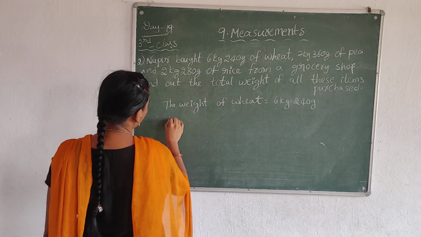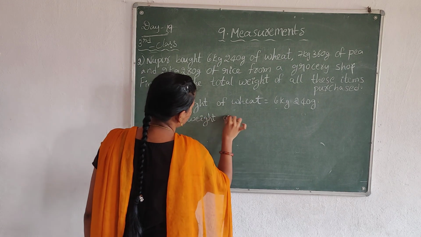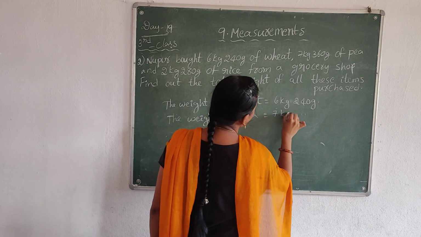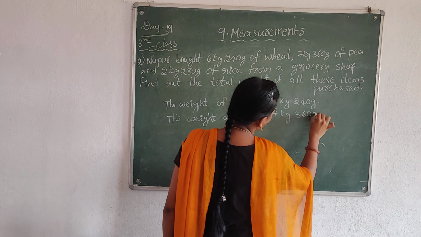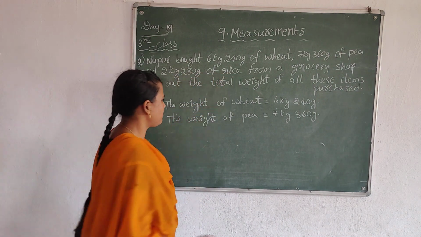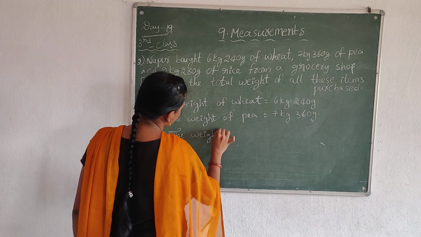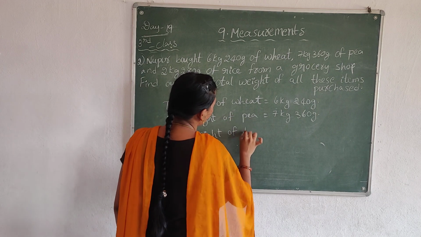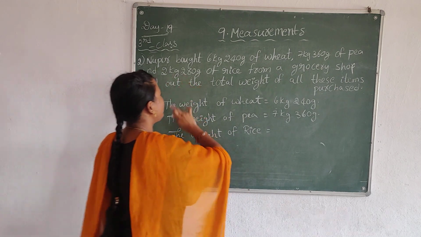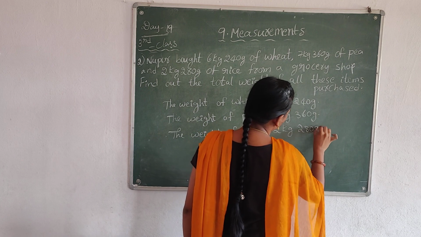First write down the weight of peas, equal to 7 kg 360 grams. Next, 2 kg 280 grams of rice. The weight of rice equals 2 kg 280 grams.